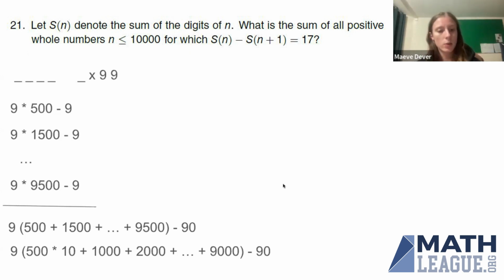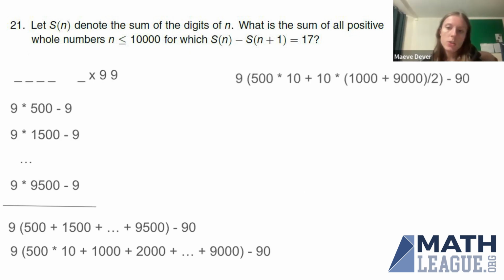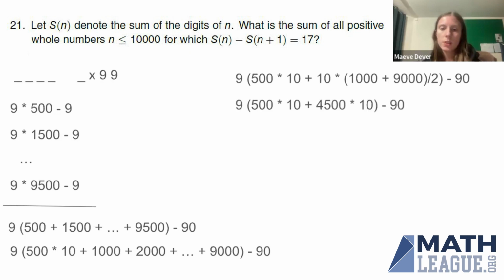So that's 10 500s, and then plus 1,000 plus 2,000, all the way up to plus 9,000. We're still subtracting 90, which is from the 10 9s that we added on earlier, and we have to remember to subtract them. Okay, so just like before, the sum of 1,000 up to 9,000 is 10 times 1,000 plus 9,000 divided by 2, which is 4,500.